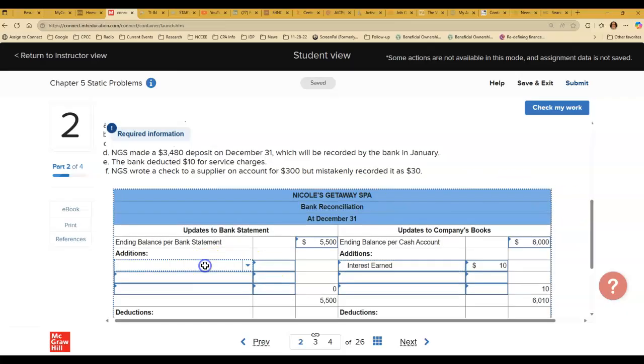An add. Okay, and it's called a deposit in transit. Now, if you listen to the lecture, you've already heard this, so just go with it. So, what time does the banking day end? Haven't heard it yet.